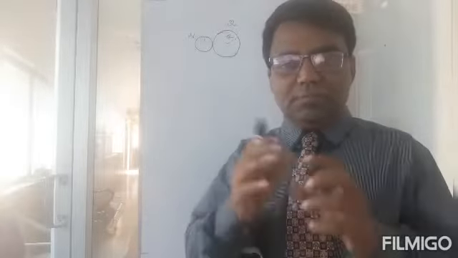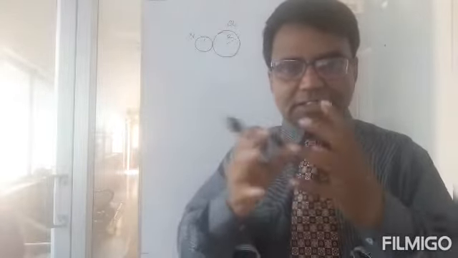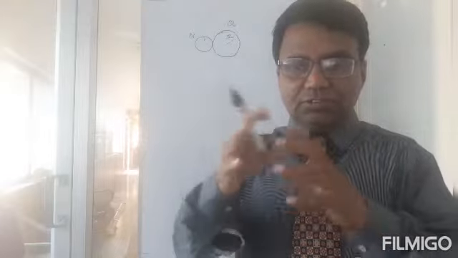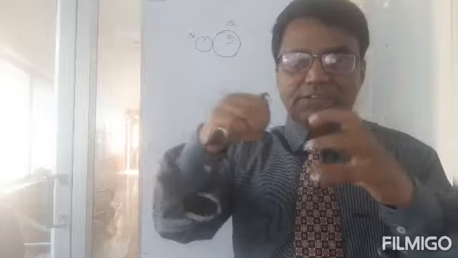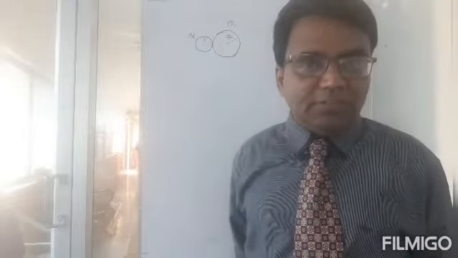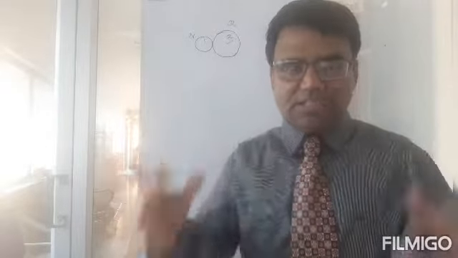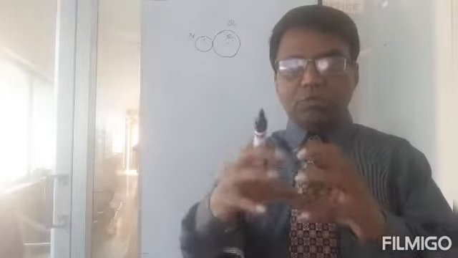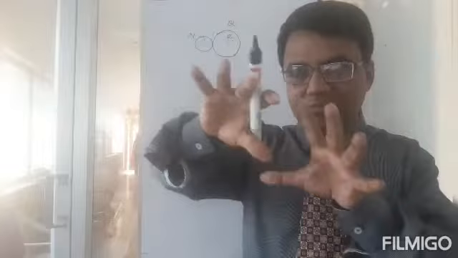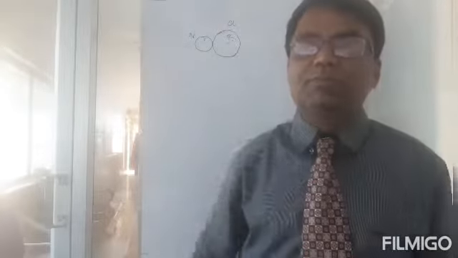Well, because of the respective fields, the charges on these spheres will start moving, but then they will quickly reach an equilibrium condition. Electrostatic condition will be reached, where the charges will not move, but they will rearrange themselves in a certain way.